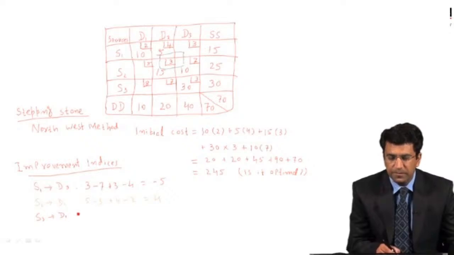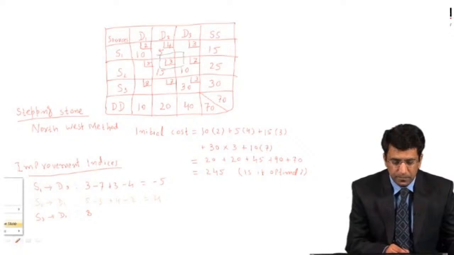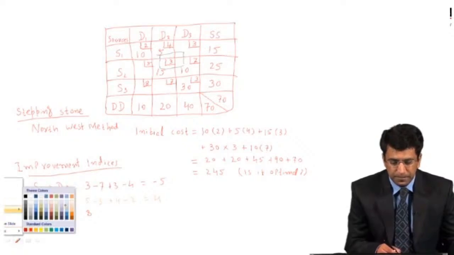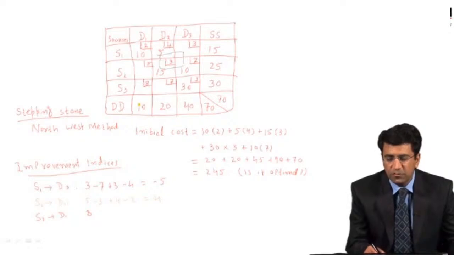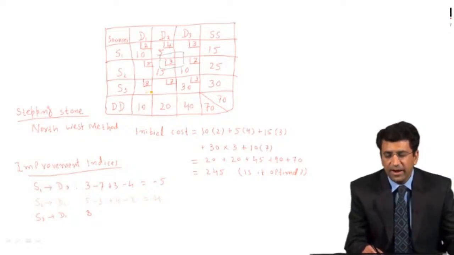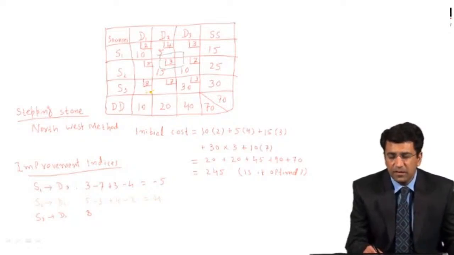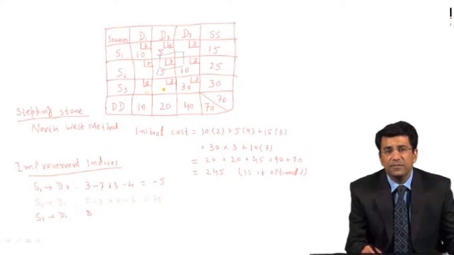Now again class, S3 to D1, if we add one unit here, we'll have to bear the extra cost, which is equal to 8. Now for the particular loop for this empty cell, if we add something here, we cannot subtract that value from this empty cell, because this cell is already empty and we cannot subtract anything from an empty cell.